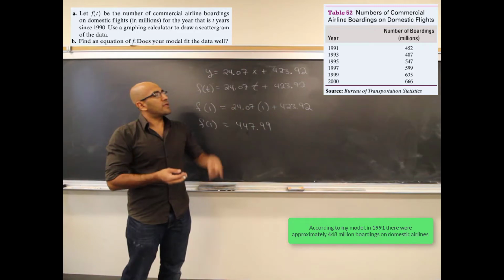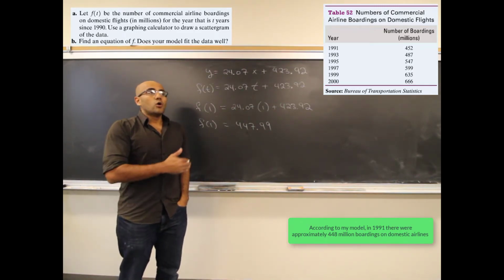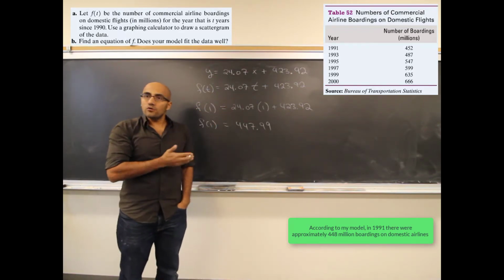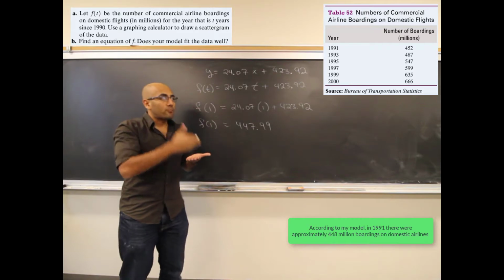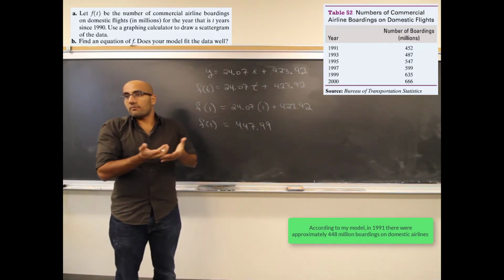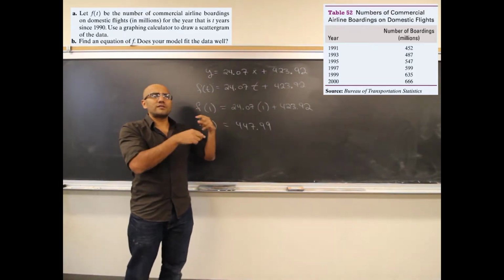But we know that the real answer is 452. So we don't use our model in cases where we already know the answer. We use our model to make predictions about calendar years where we don't have information. There was a question about residuals that we dealt with before.